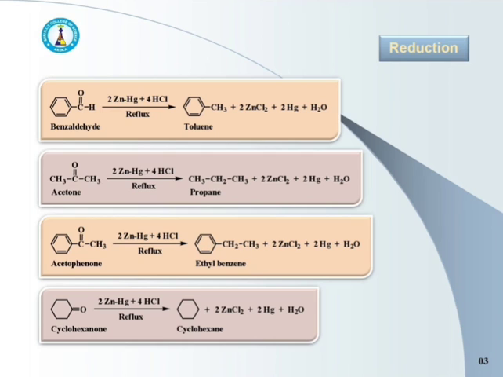Again, CO gets converted to CH2. Next examples are of ketones. Acetone undergoes reduction with Zn-Hg plus HCl, that is Clemmensen's reagent, to give propane, whereas acetophenone, when reduced using Clemmensen's reagent, gives ethyl benzene.